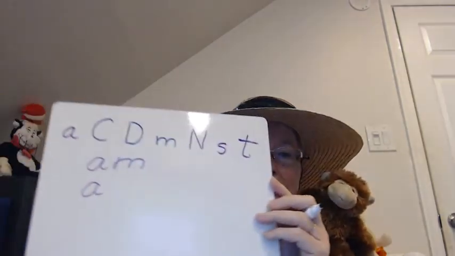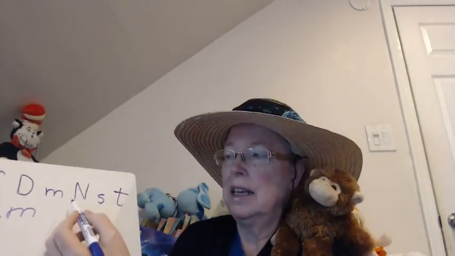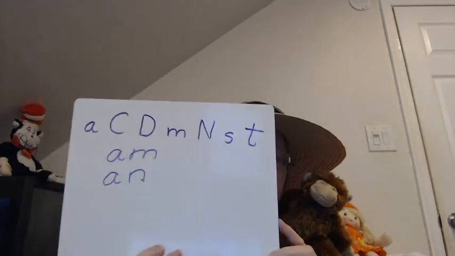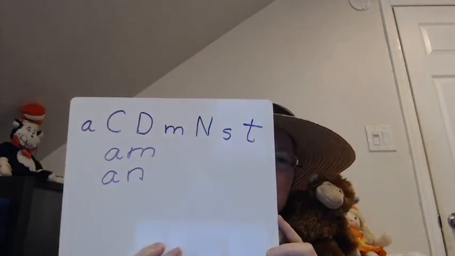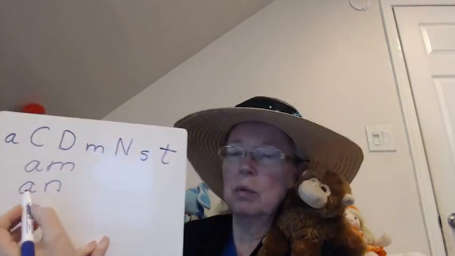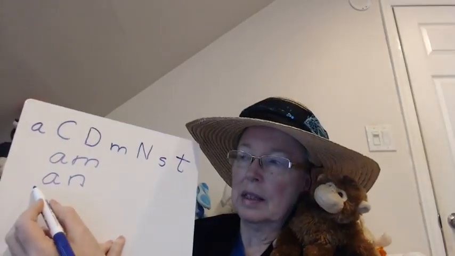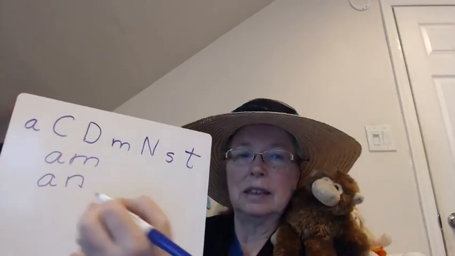Alright, let's go ahead and use the A again. And let's add an N, but we're going to use a lowercase n instead of the uppercase N here. And so this word is an.